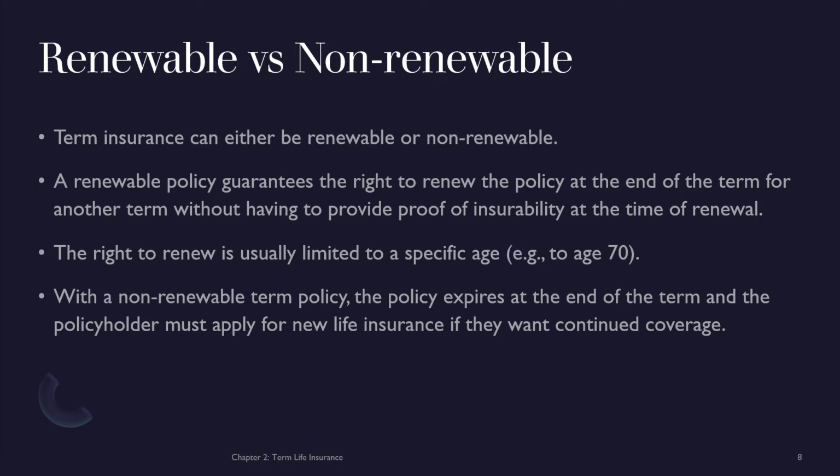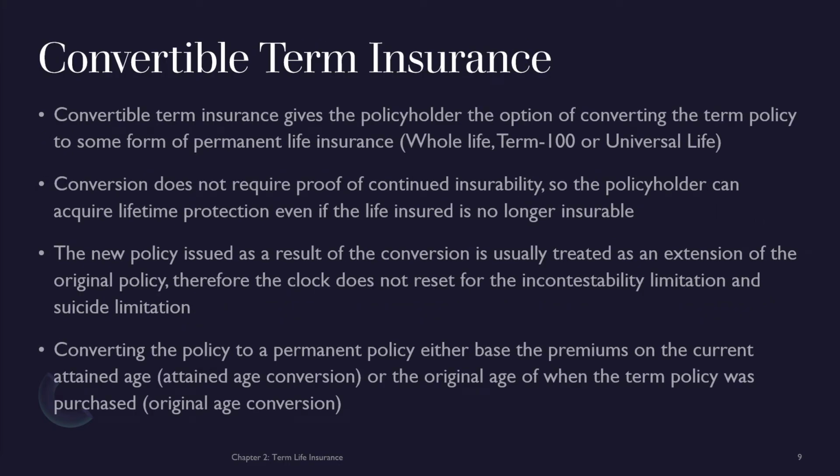Term life insurance policies also can have an option where you can convert the term insurance to a permanent life insurance policy. For example, policies like whole life, term 100, or universal life policies.